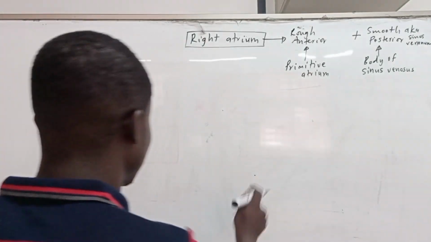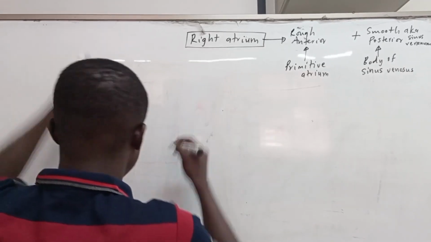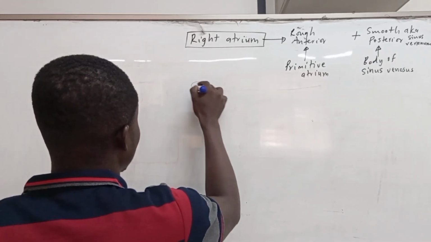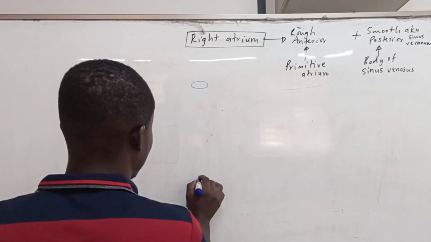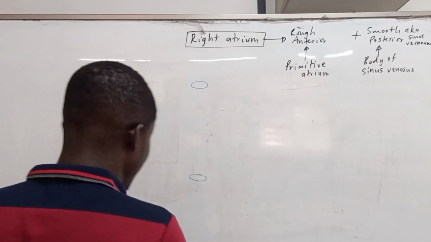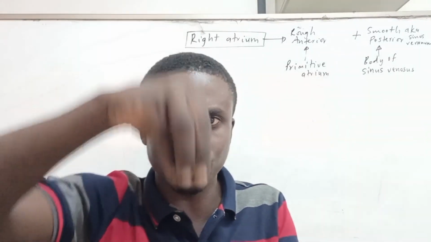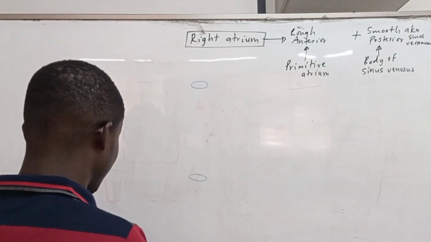Let me demonstrate this for you to appreciate. Now, assuming I have this to be my superior and inferior vena cava, because at the end I'm going into the right atrium, and you know that the great veins draining blood in there are the superior and inferior vena cava.